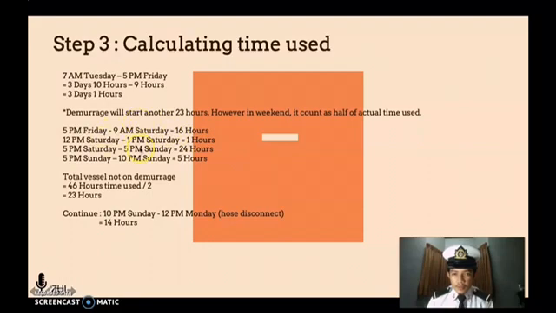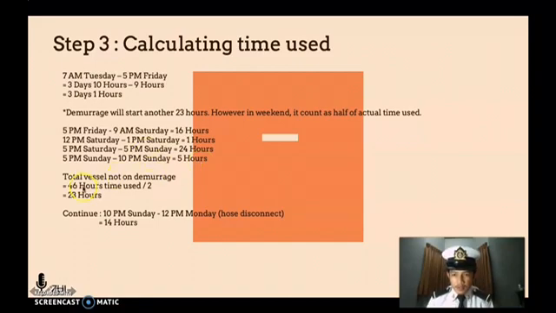On the weekend, we calculate 5 PM Friday until 9 AM Saturday. We get 16 hours. Then 12 PM Saturday until 1 PM Saturday, total 1 hour. After that, 5 PM Saturday until 5 PM Sunday, we get 24 hours. And lastly, 5 PM Sunday until 10 PM Sunday, we get 5 hours.